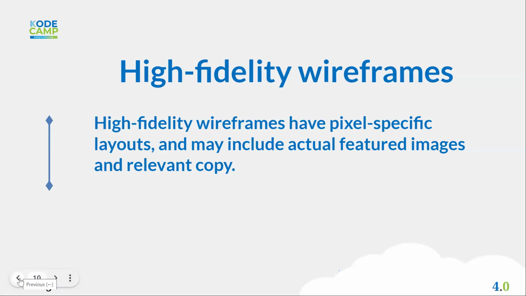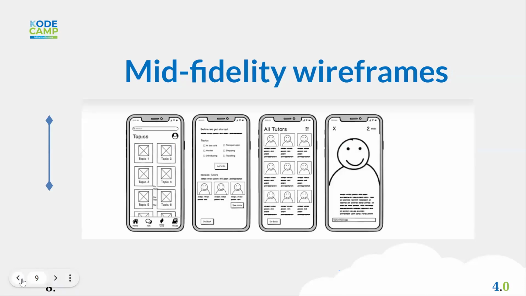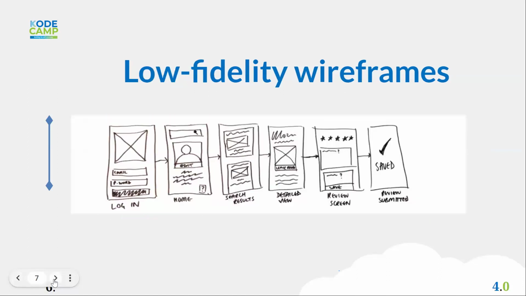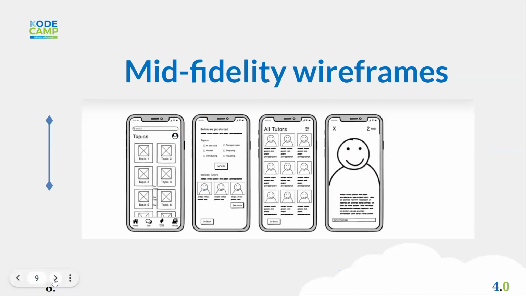All right, so I'll go over the mid fidelity again. Mid fidelity contains more representation of the layout compared to low fidelity. You have more content, a well-detailed layout. With the mid fidelity, you feel like everything is laid out properly.